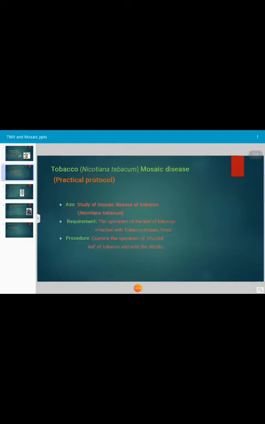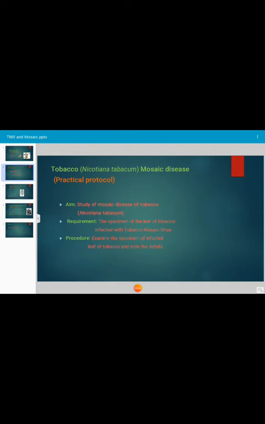And what exactly do we have to do during the practical? A museum specimen will be given to the students, and the student has to observe all the details of the mosaic disease. They have to observe the infected leaf very keenly and note the symptoms caused by tobacco mosaic virus on the tobacco leaf.